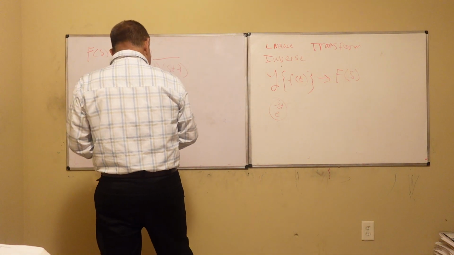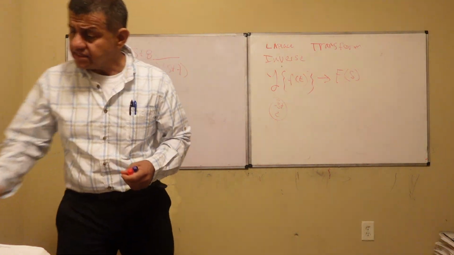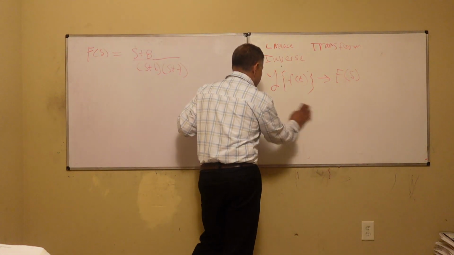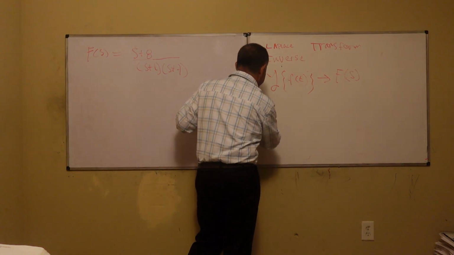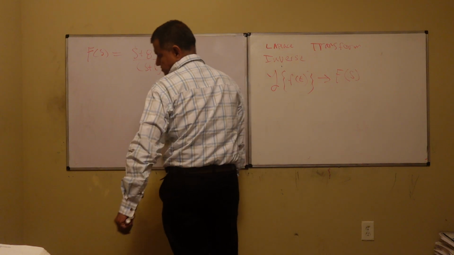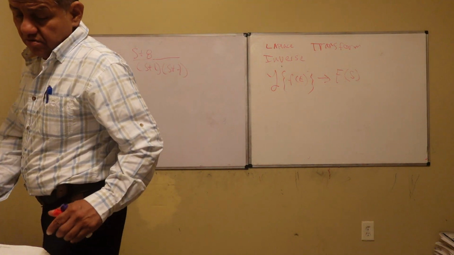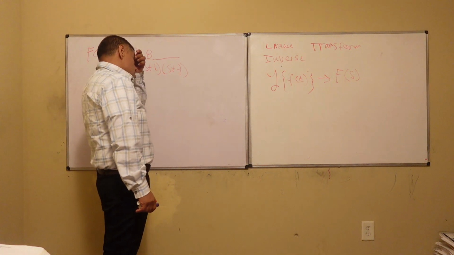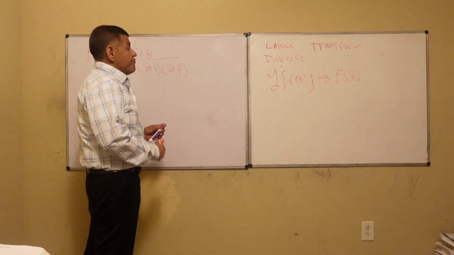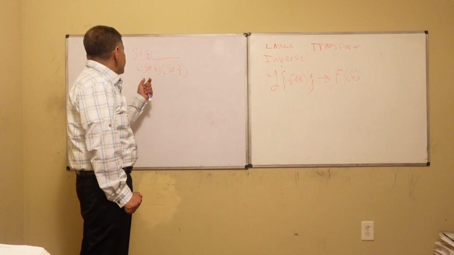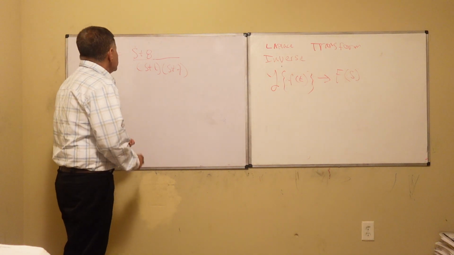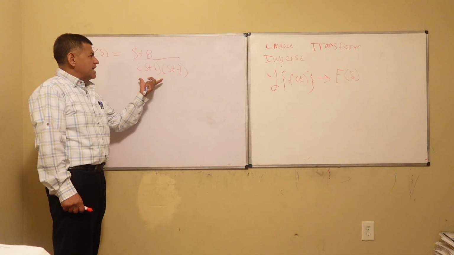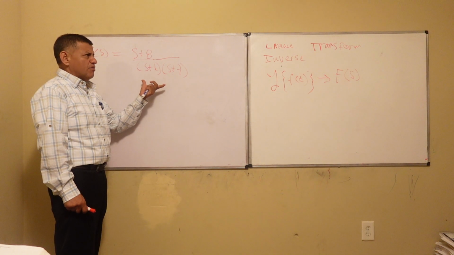But I don't want to talk too much about this. So let's get started with the problem. There are 2 methods to do this, and because we're only doing one problem, I will do both methods.